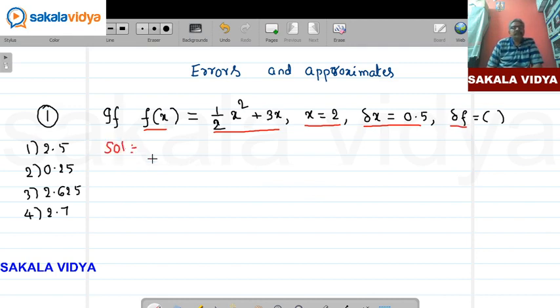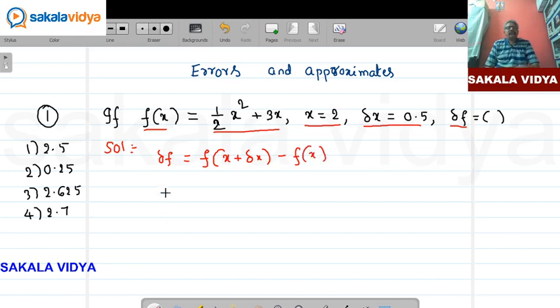Solution: delta f or delta y, both are same, equal to f of x plus delta x minus f of x. This is the formula we have. Delta f is equal to f of x plus delta x minus f of x. Say this is equation 1.